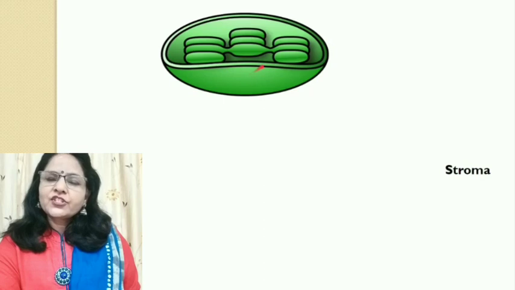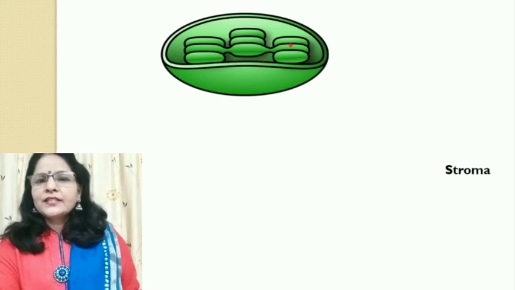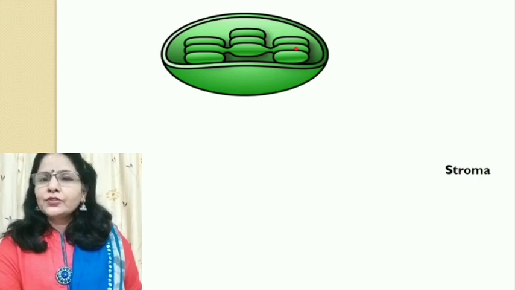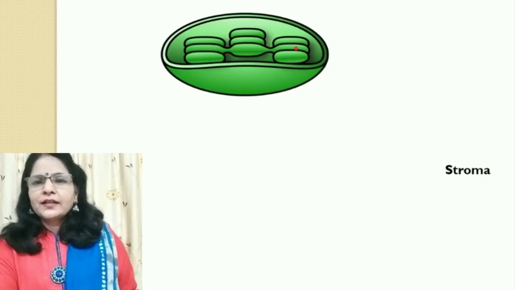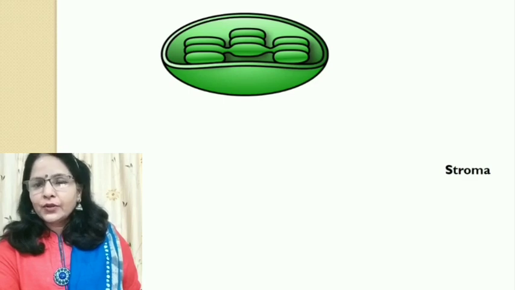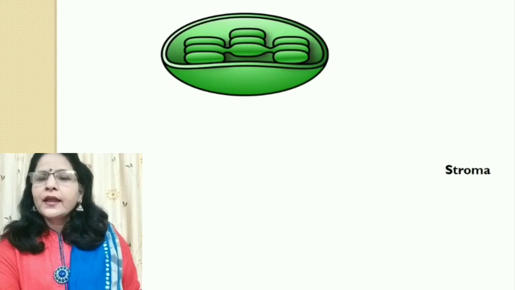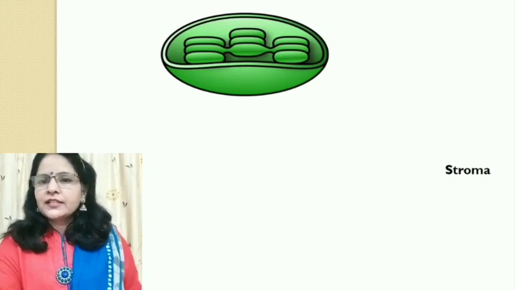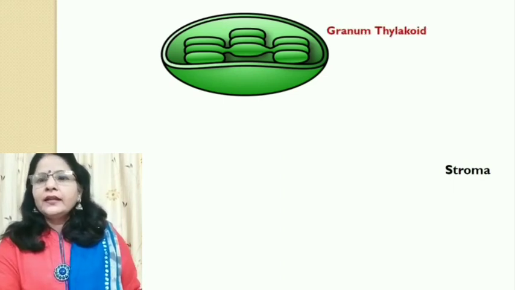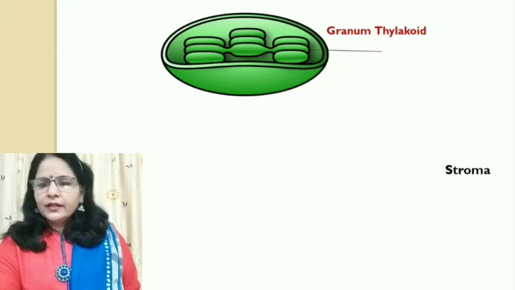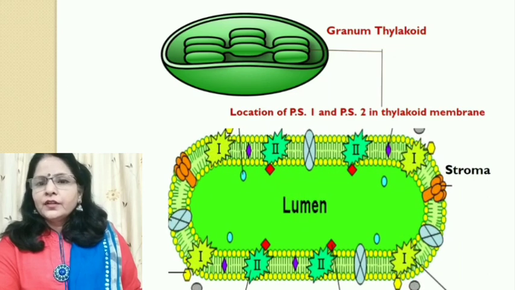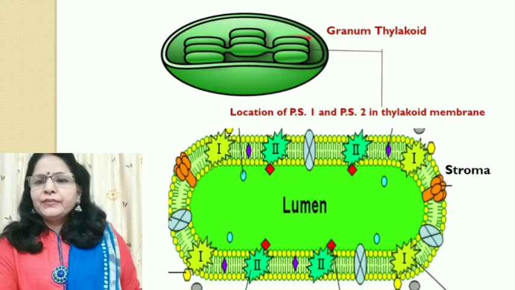This is the structure of chloroplast. You can see the thylakoid membrane. Chloroplast has two types of thylakoids, stroma and granum thylakoids. Granum thylakoids are those in which lamellae are arranged one above the other and form a stack-like structure. This is the structure of granum thylakoid.